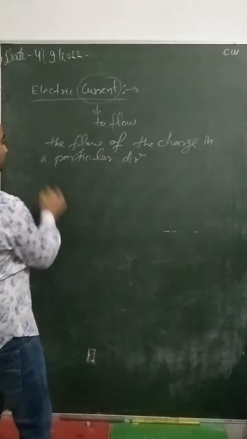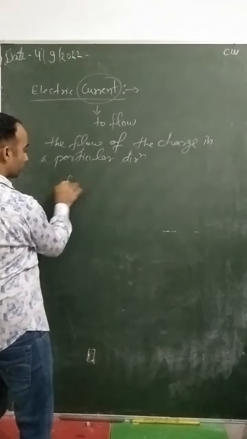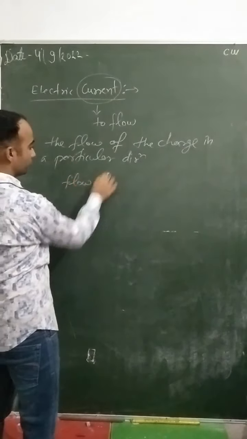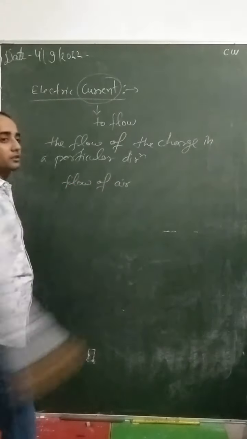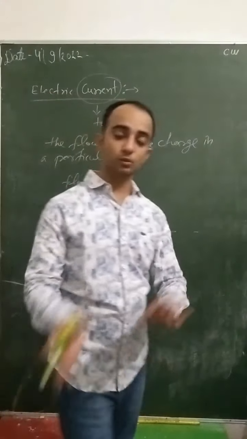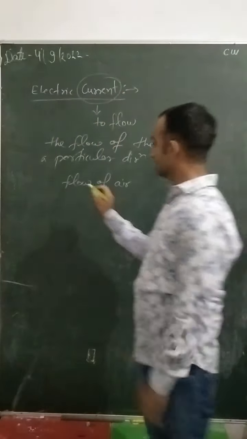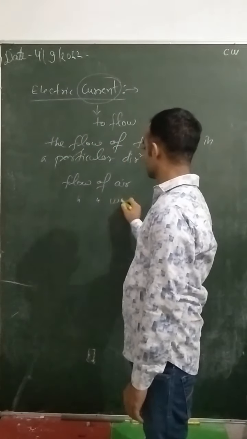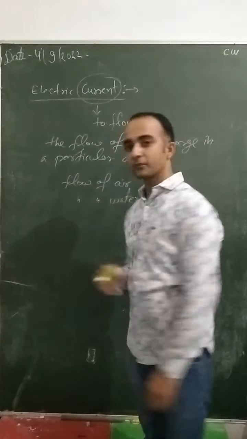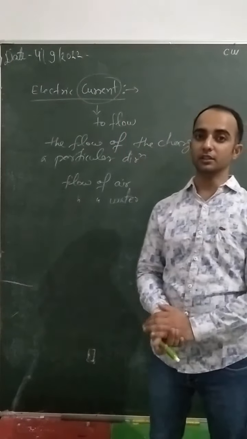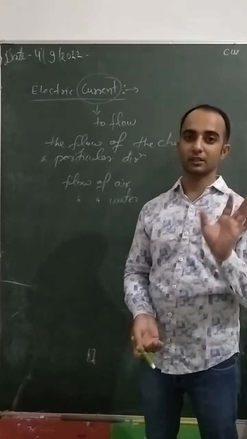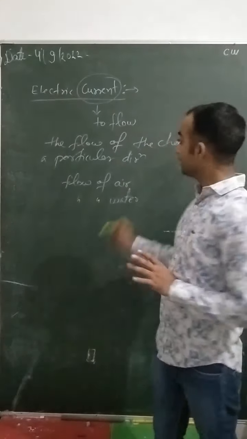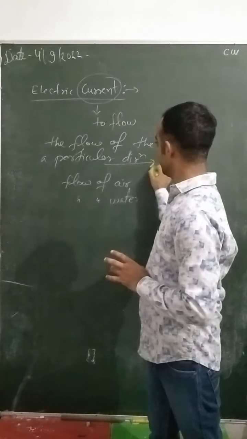But if we write the flow of air, that is also current. Flow of air is also known as current. Similarly, flow of water is also current. So flow of any quantity is known as current. Current means to flow in a particular direction.